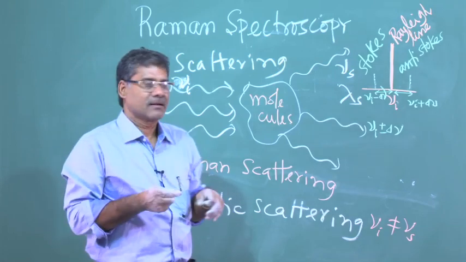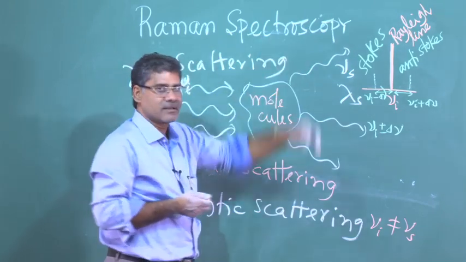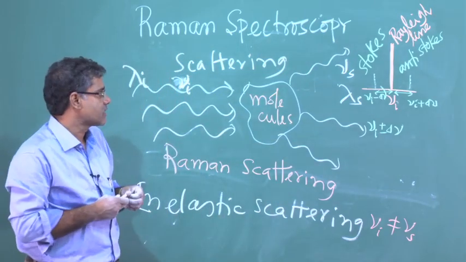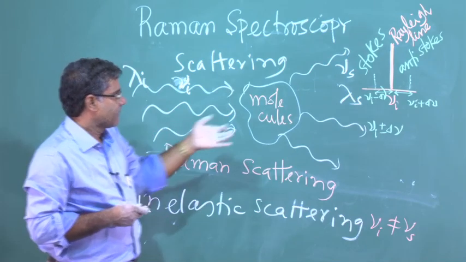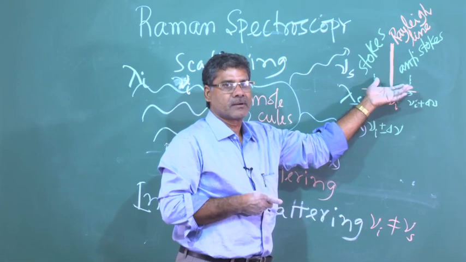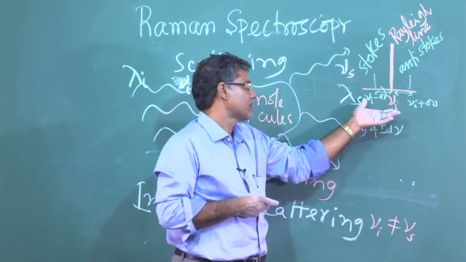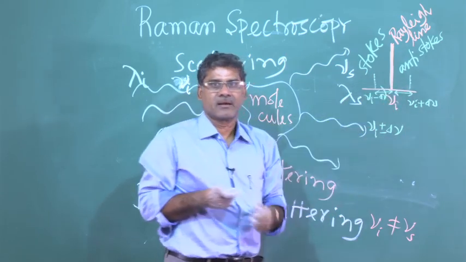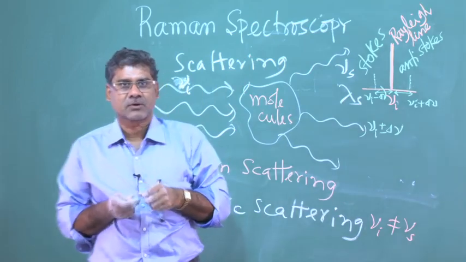People have this spectrometer. So, let us see how Raman explained the origin of the Stokes and anti-Stokes lines.